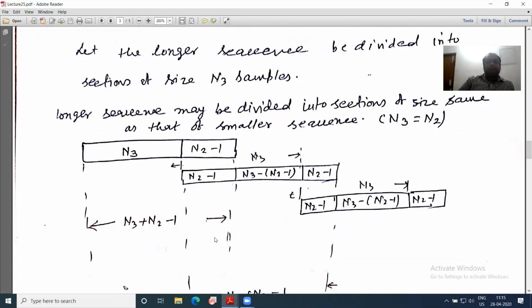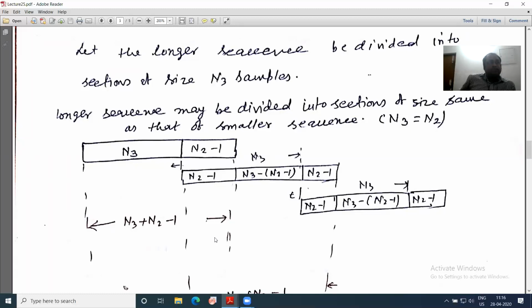Summarizing the theory: if you have a longer sequence of length n1 and another smaller sequence of length n2, and you have to find the convolution of the two, what do you do in the overlap add method? You divide the longer sequence n1 into smaller sections of length n3.